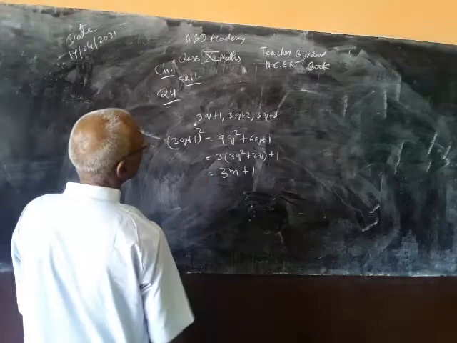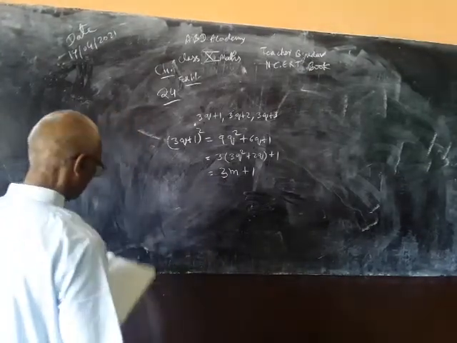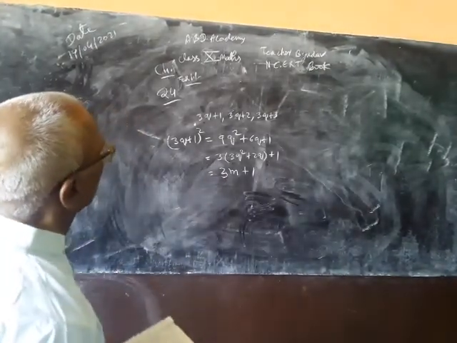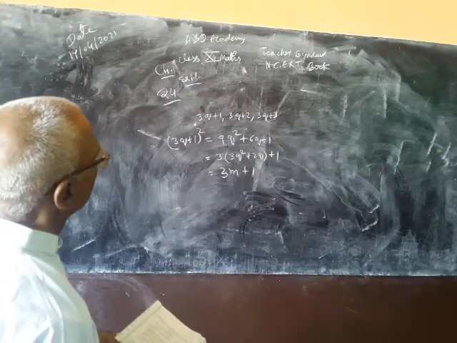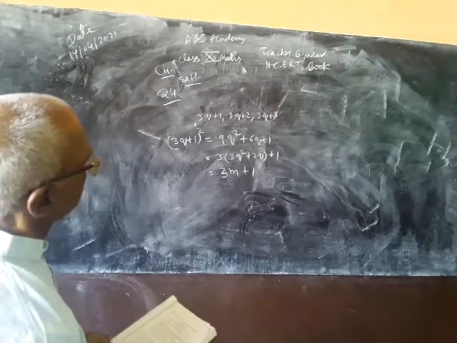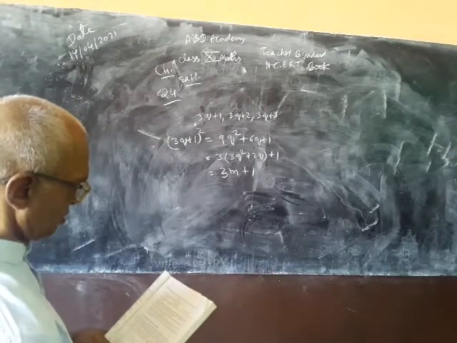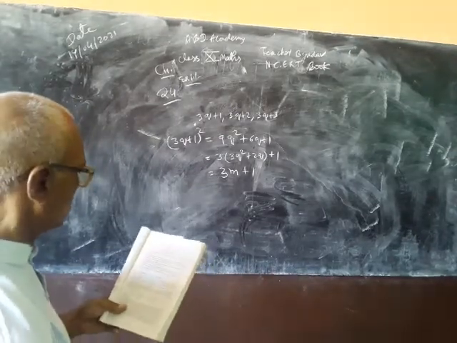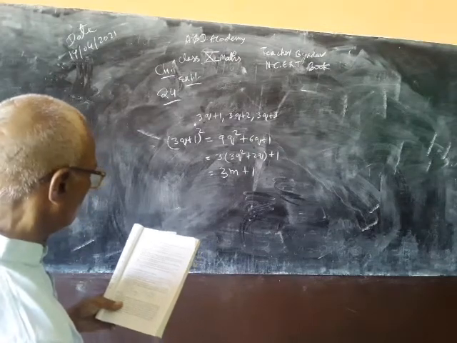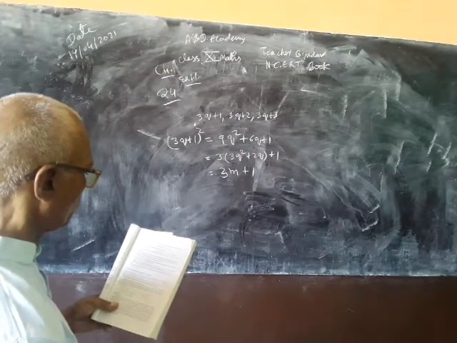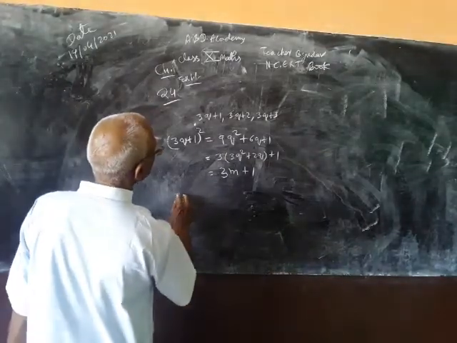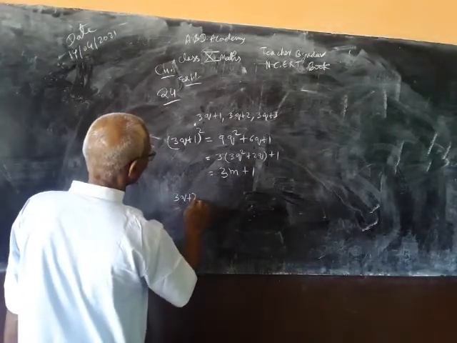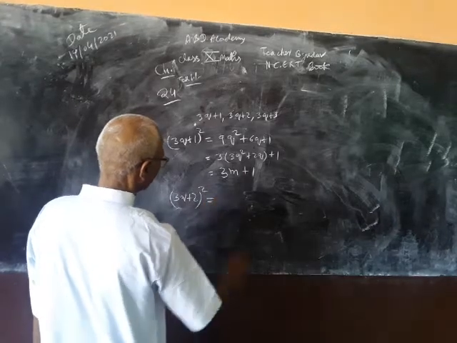Let us take another one. So the square of any positive integer. I am taking 3q plus 2 whole square, which is another number.